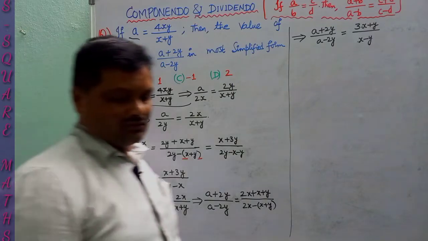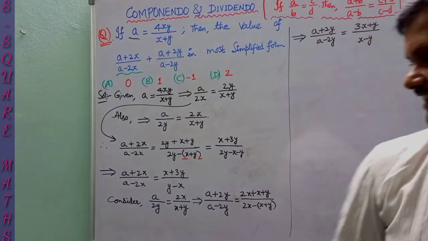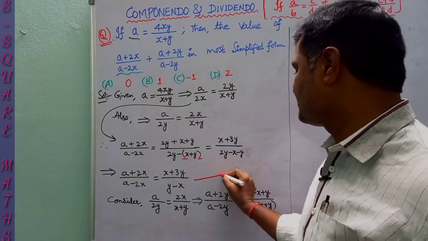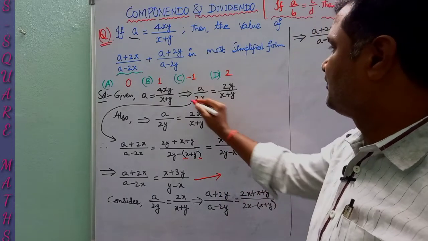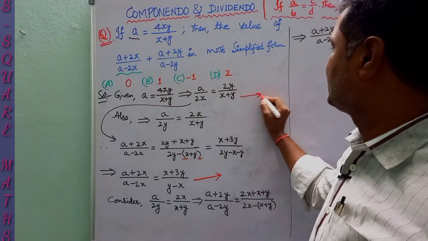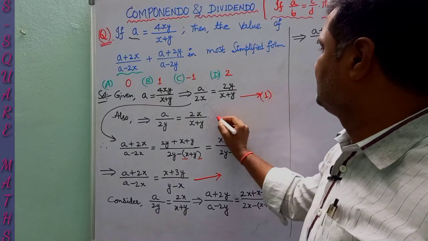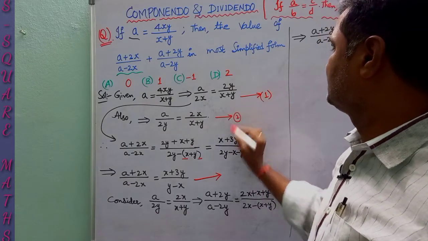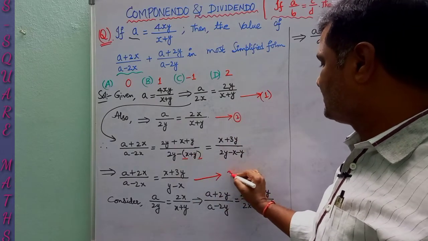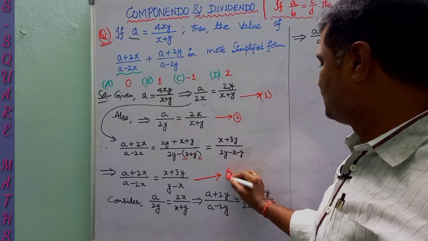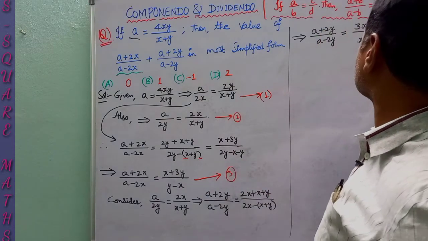So let us mark our equations now. This is our main equation, this is our first equation, this is our second equation, this is our third equation, and this is our fourth equation.